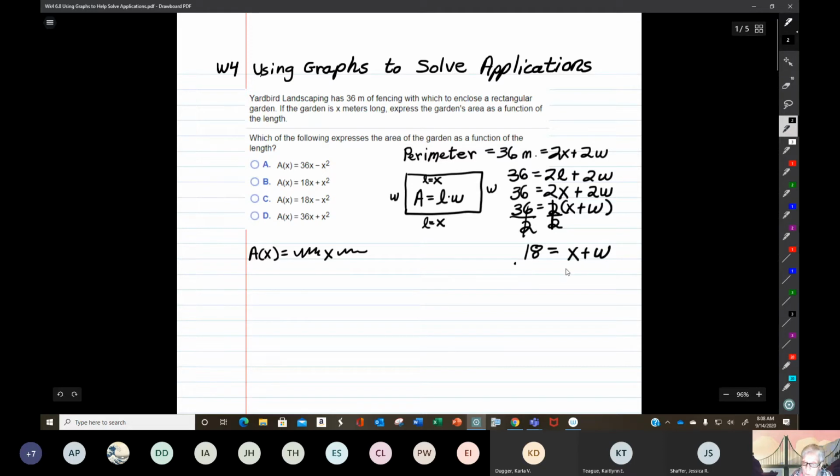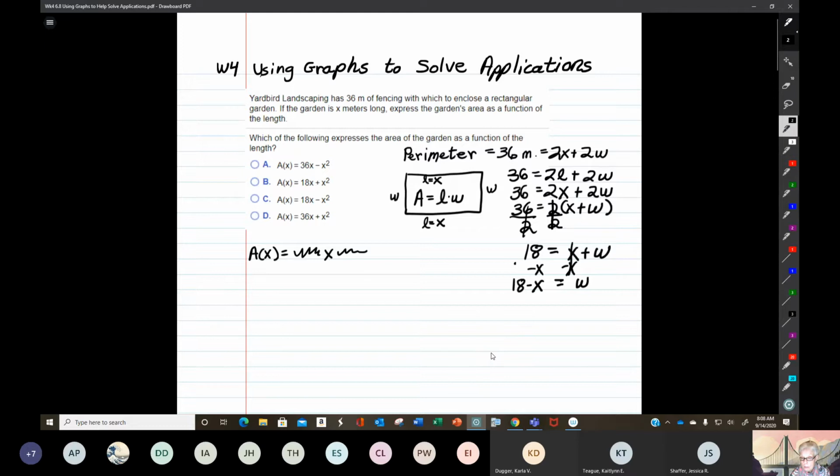I'm going to subtract X from both sides. So I'll have 18 minus X equals W because this zeroes out.